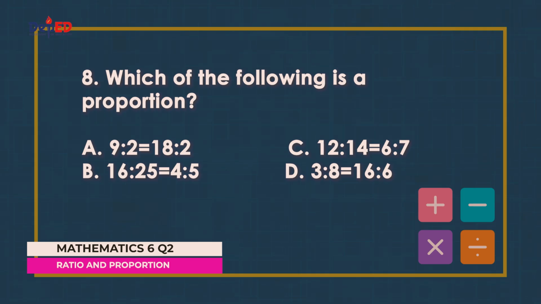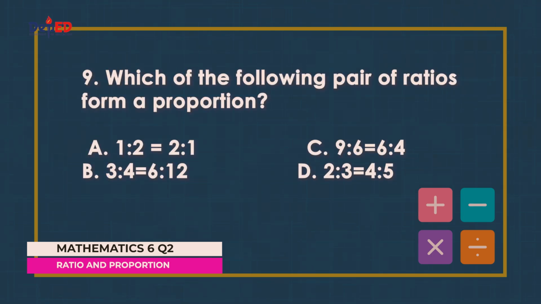Number 8. Which of the following is a proportion? Is it letter A, 9 is to 2 is equal to 18 is to 2? Letter B, 16 is to 25 is equal to 4 is to 5. Letter C, 12 is to 14 is equal to 6 is to 7. Or letter D, 3 is to 8 is equal to 16 is to 6.